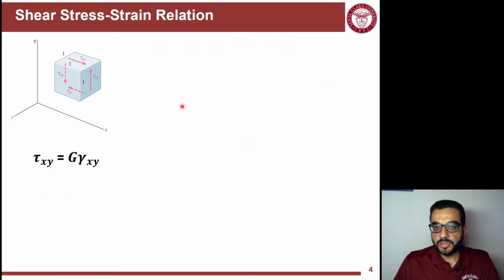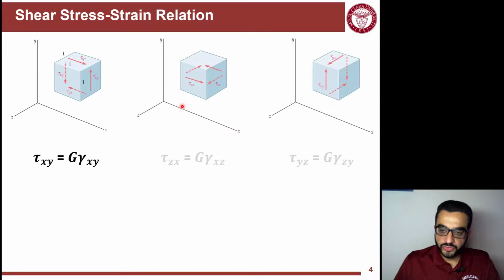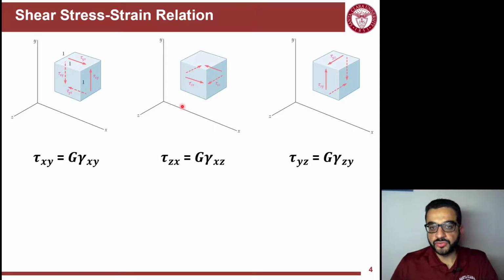Now tau can be tau xy, or tau zx, or tau yz. G relates the shear stress and strain in all planes or all faces of the 3D general state block. One thing to note is that there is no impact of Poisson's ratio here, so Hooke's law stays simple in its form.